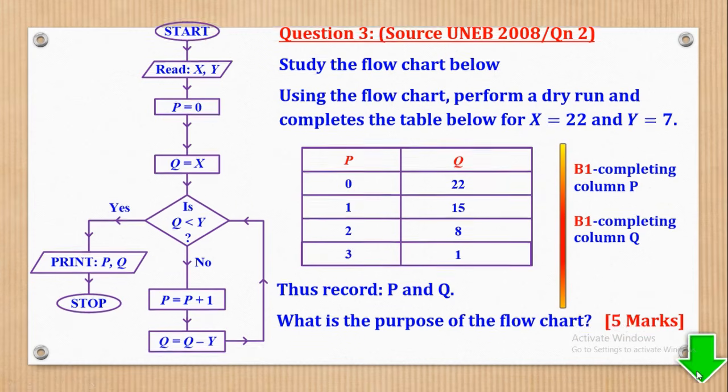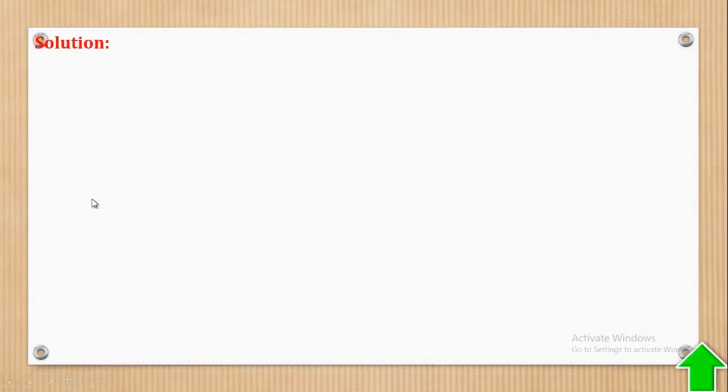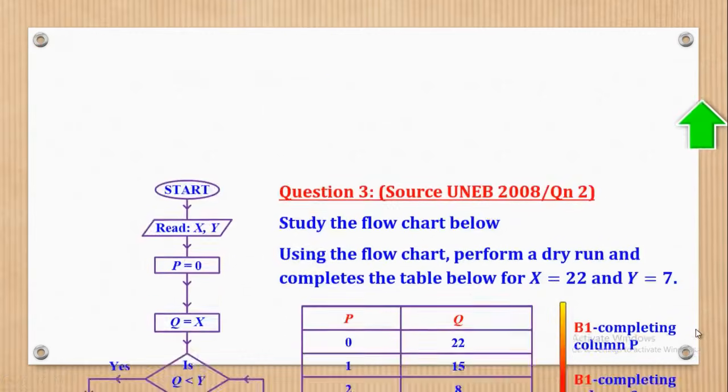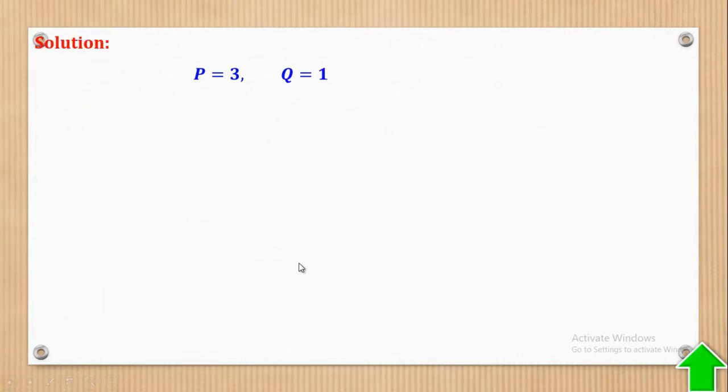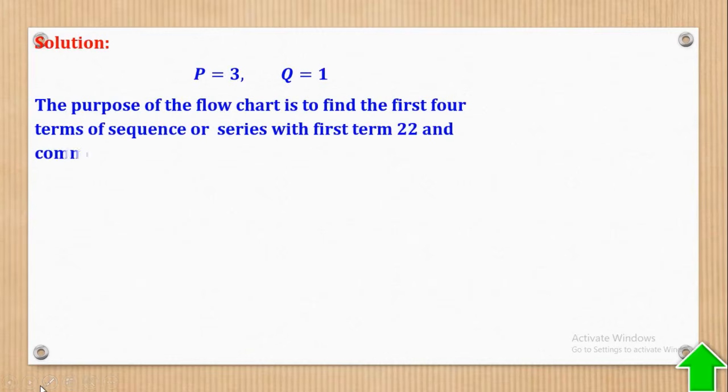So we shall come here and say that p is 3 and q is 1. Then what is the purpose of the flow chart? So the purpose of the flowchart is to find the first 4 terms of a sequence or series with first term 22 and common difference -7.